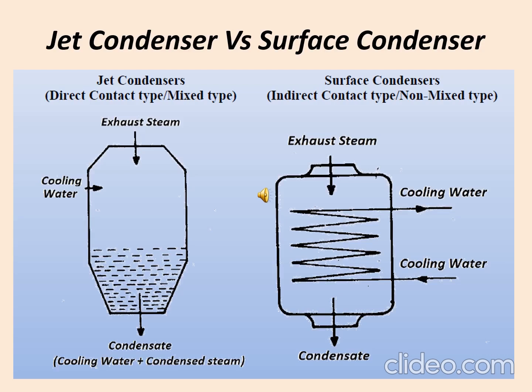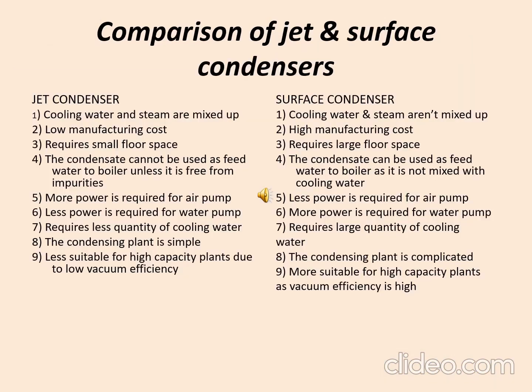Previously I told you, but in surface condenser that is not mixed up. Okay. Then in jet condenser manufacturing cost is low, but in surface condenser manufacturing cost is high. Why is it high? Because we are using shell and tube type. For that, cost is also more.